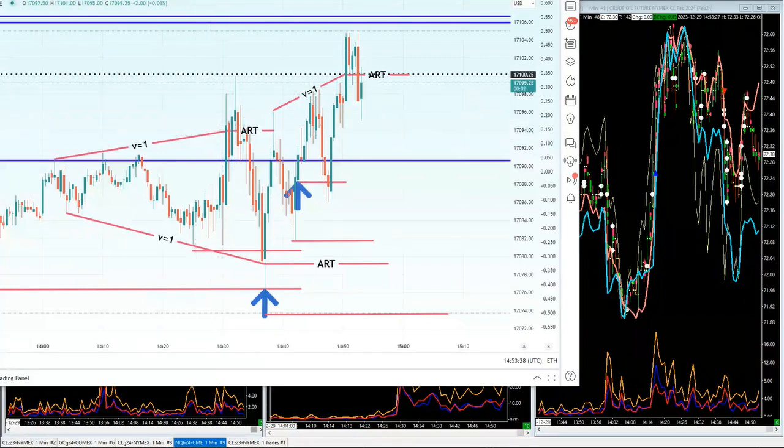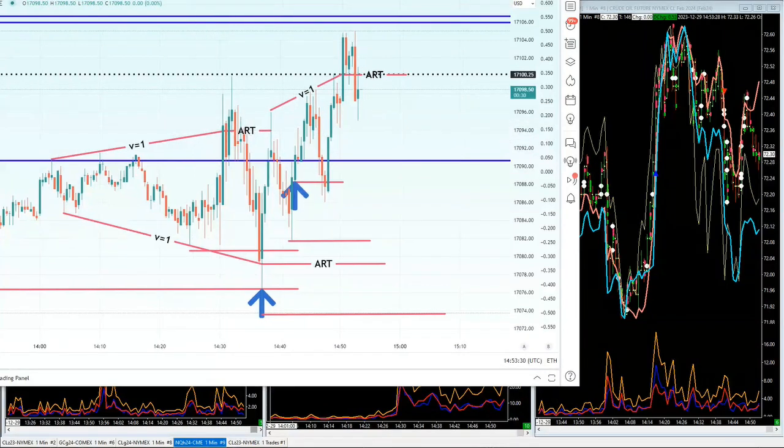Does everybody understand the difference between velocity and speed and acceleration? Is everybody clear about that? Yeah. So what we are looking for is the acceleration. That's why it's called the art trade, the accelerated reverse trend line.